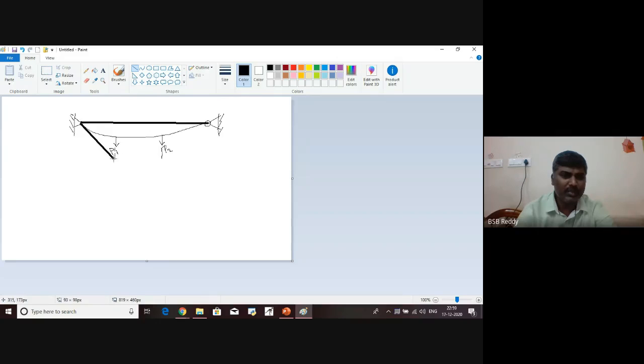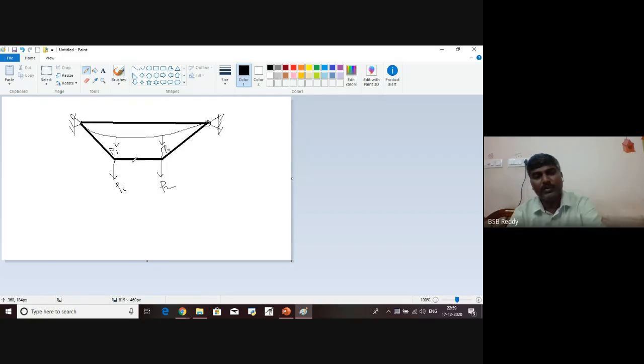Now you join the cable profile, so this will be the cable profile. The loads also come down, so this is the position of P1 and the position of P2, where P1 is equal to P2. Otherwise, if P1 is not equal to P2, then there will be uneven deformations.